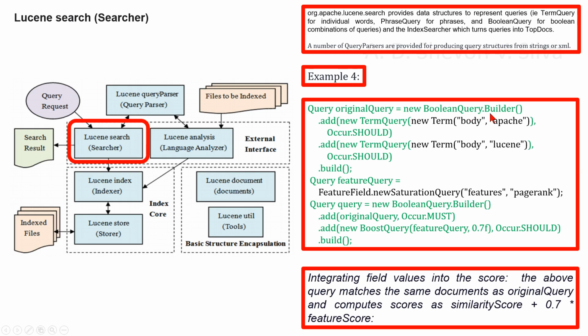Here the class BooleanQuery.Builder, a builder for boolean queries. The constructor is a sole constructor. Here with the add method, add a new clause to this BooleanQuery.Builder.